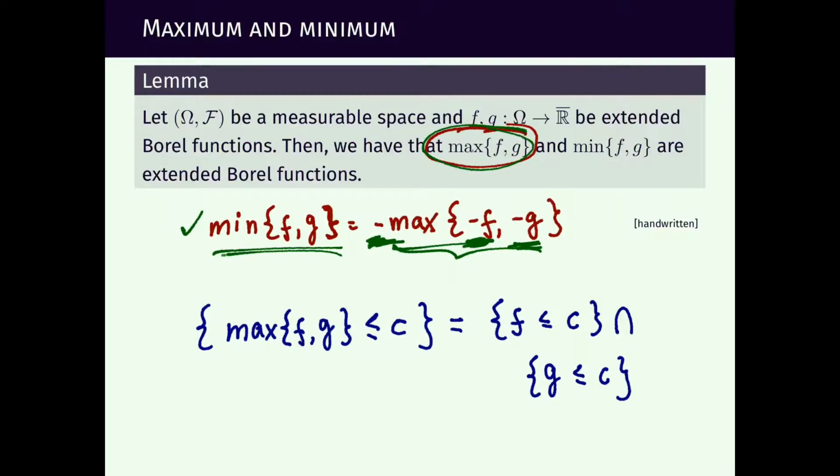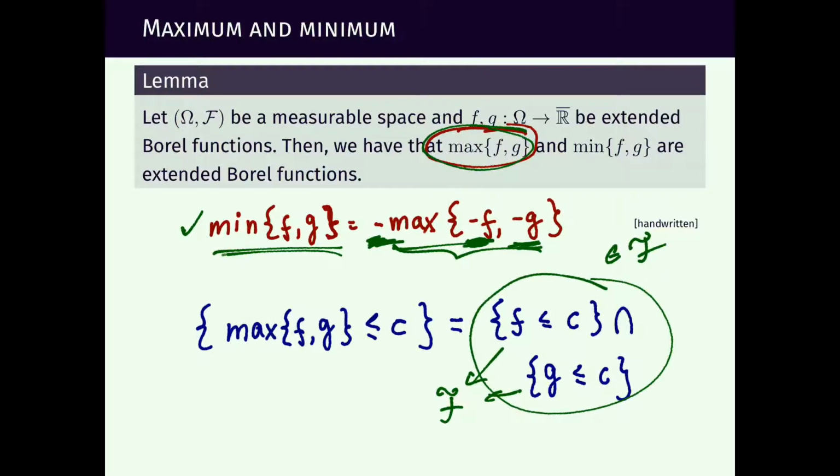And these two are in the sigma algebra by assumption, because we assume f and g are both extended Borel functions, and sigma algebras are closed under intersection, so we can conclude that this is in the sigma algebra, and this is exactly what we have to prove. So from here we can conclude that this function is an extended Borel function. So this concludes the rather quick proof of this little lemma.